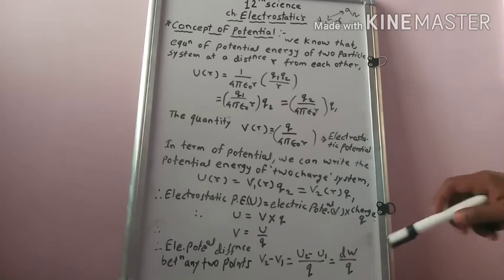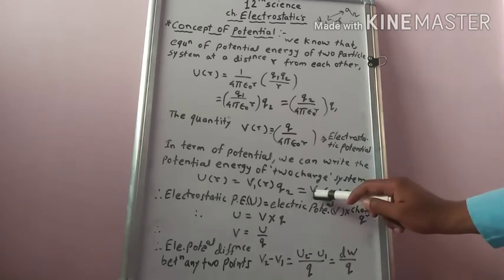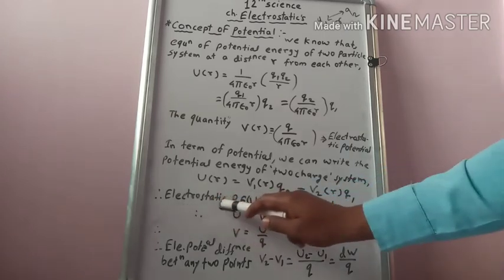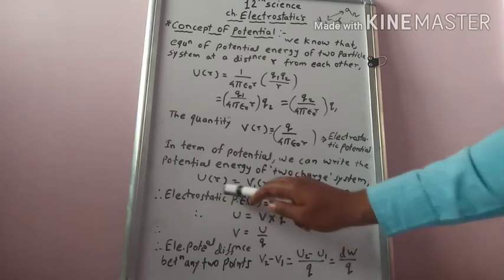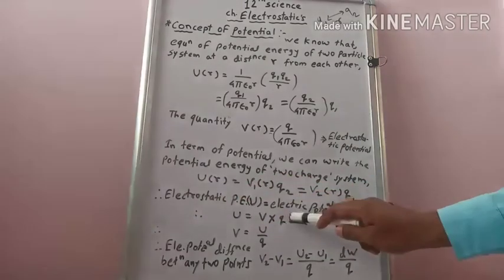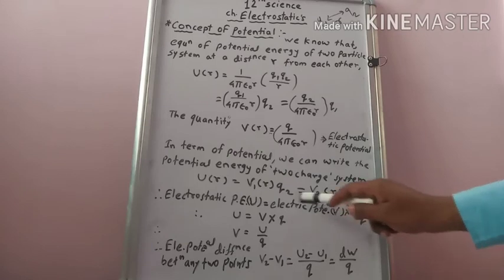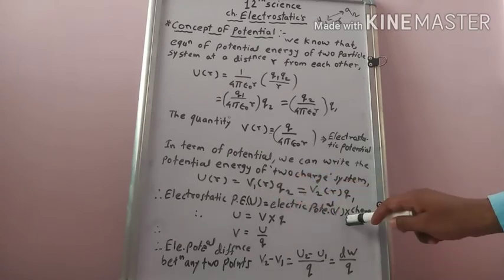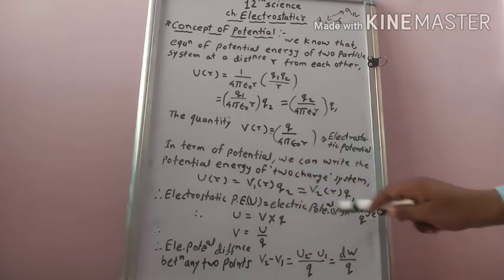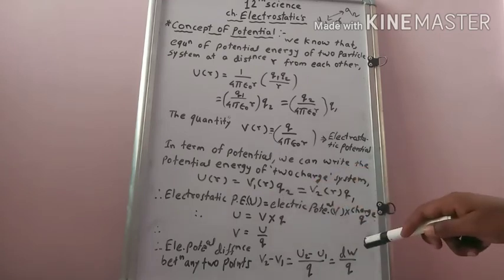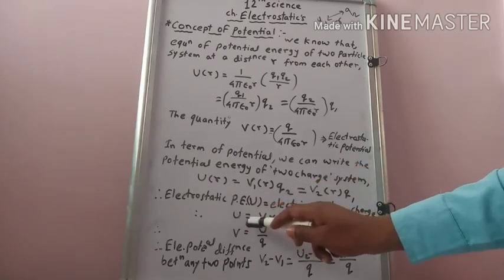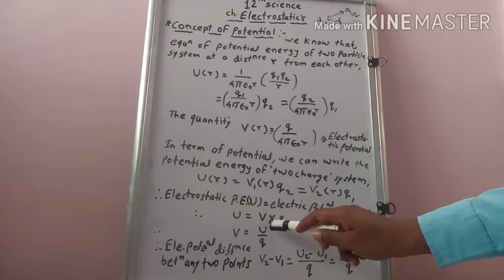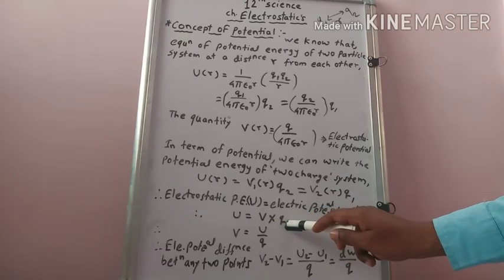Therefore, from this equation we can write electrostatic potential energy U is equal to electric potential V multiplied by charge Q, that is, U is equal to V multiplied by Q.